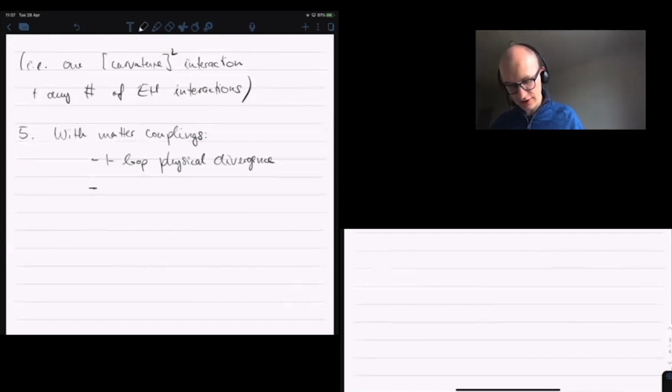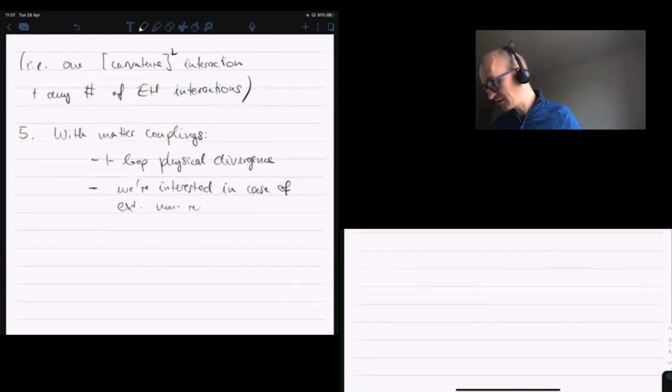So say we're interested in the case of external non-relativistic matter, such as, for example, stars and planets.